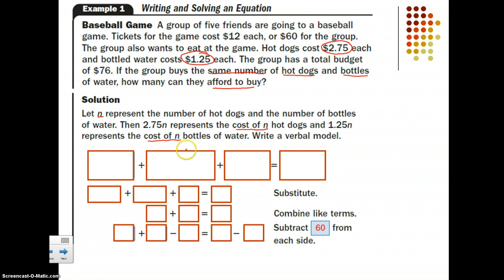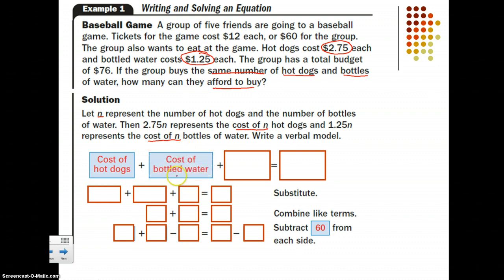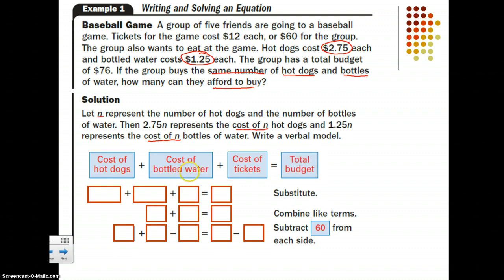Let's write the verbal model. So we have the cost of hot dogs. And again, verbal model is words where you're going to eventually put in numbers. The cost of the bottled water, and of course the cost of the tickets to get in. And remember, we have $76 to spend. Well, the cost of hot dogs we found up here, $2.75 times n.